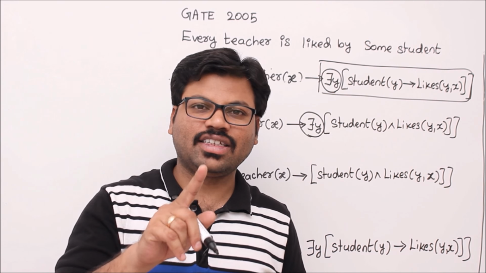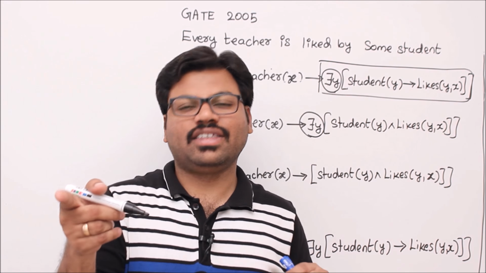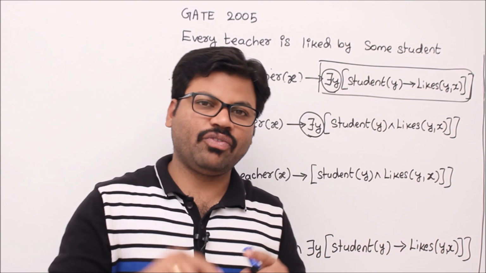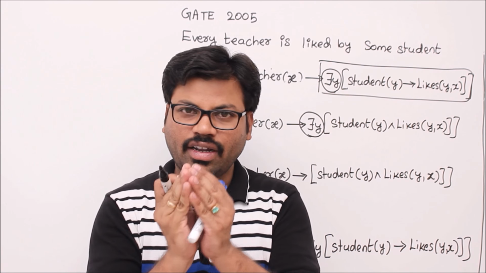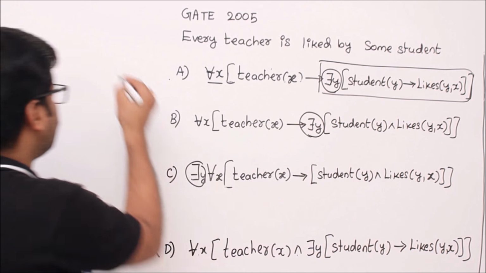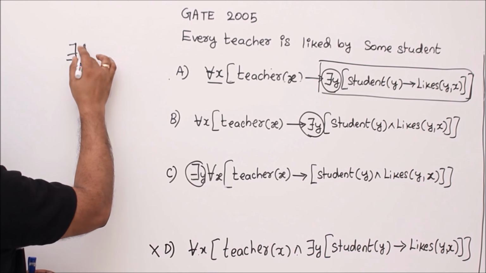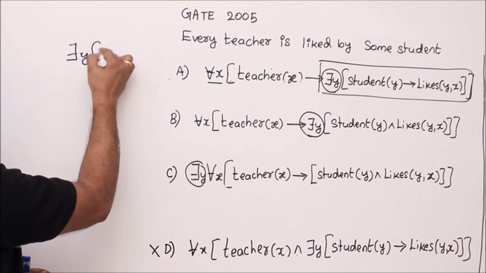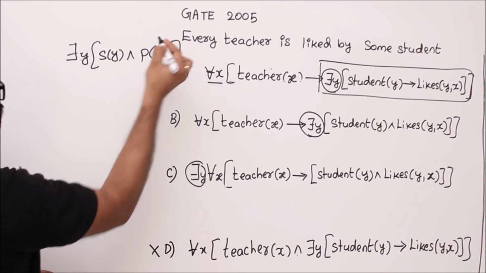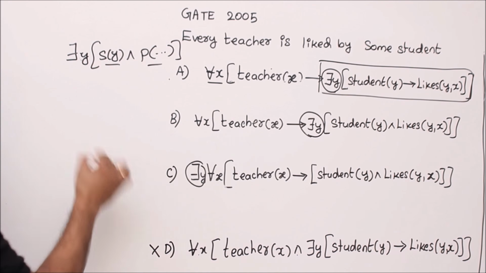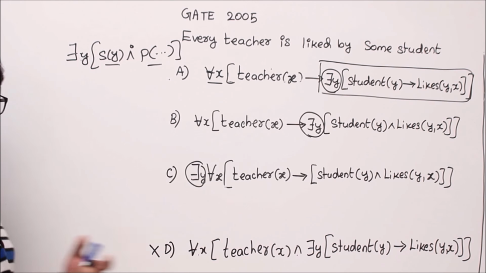There exists x, cat of x and intelligent of x. In the same way, here it will become there exists y, student of y and some property of x. So the correct structure should be there exists y, student of y and a remaining property. Some student has a property. So "and" comes, right? Already we know that.